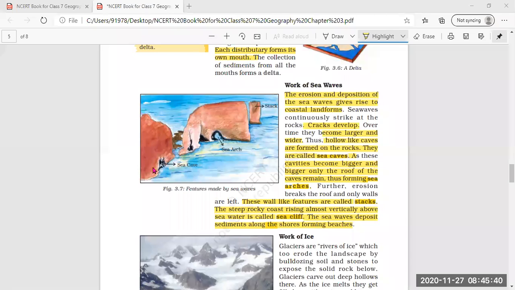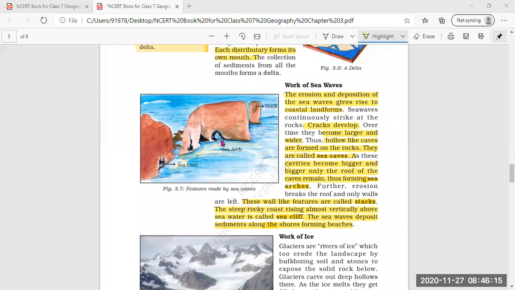When these cracks are larger and wider, a type of hollow pass is there, meaning from the backside also no rock is remaining and it is just like a cave. They are called sea caves. First of all, a sea cave is there. Then, because of the work of the sea waves, cracks become larger and wider, and it takes the form of sea arches.